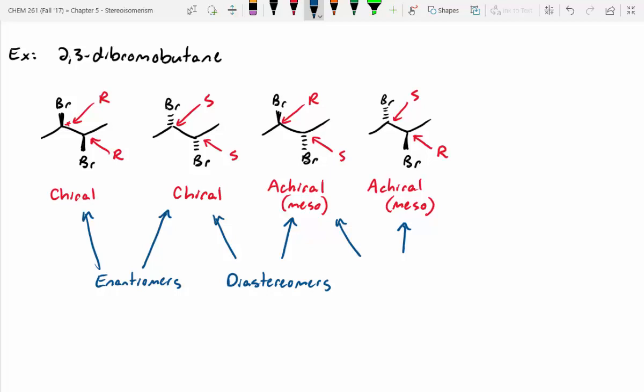I see that they're exactly the same compound. It's super duper confusing, but because they are meso compounds, we already knew that, they are identical on their mirror image. So they are the exact same compound.